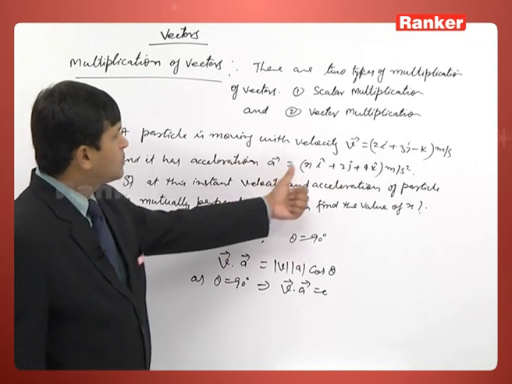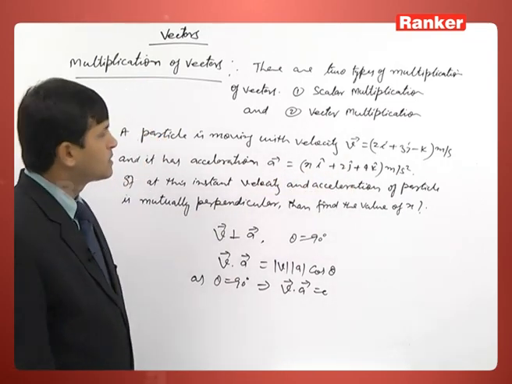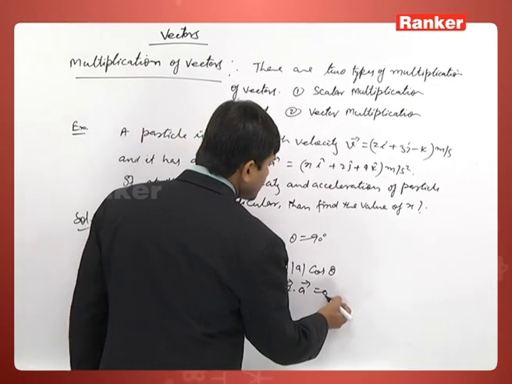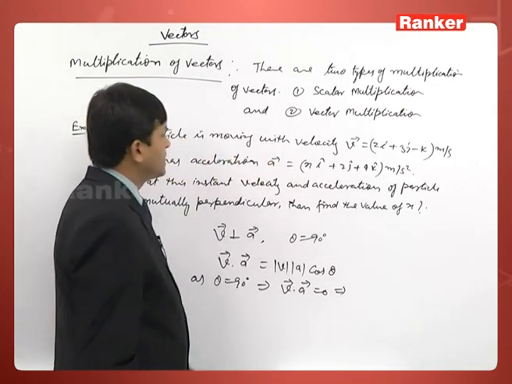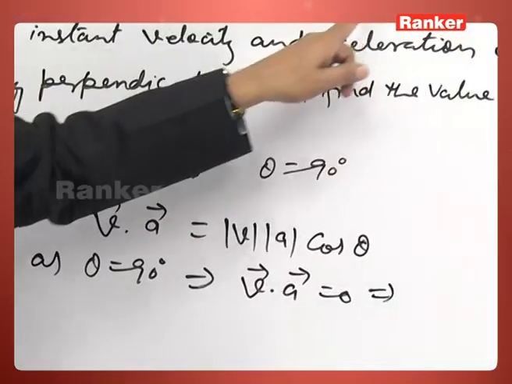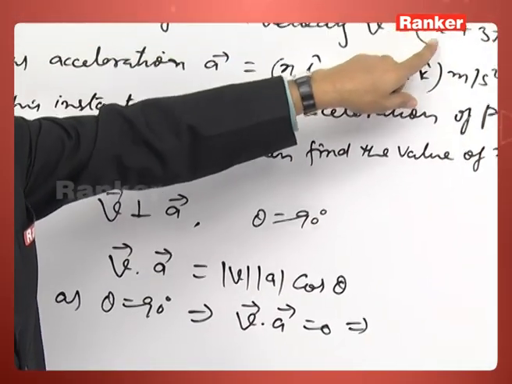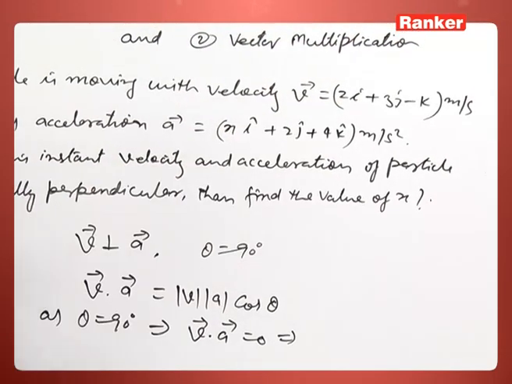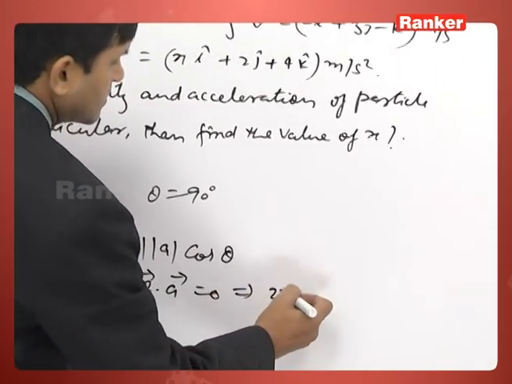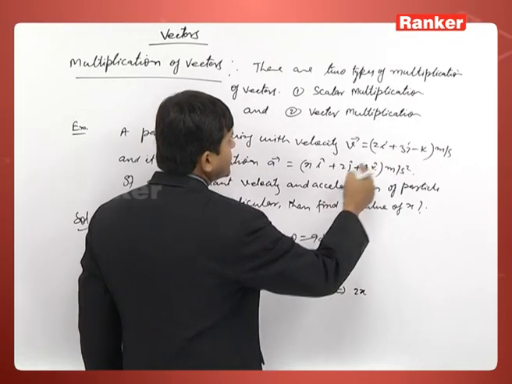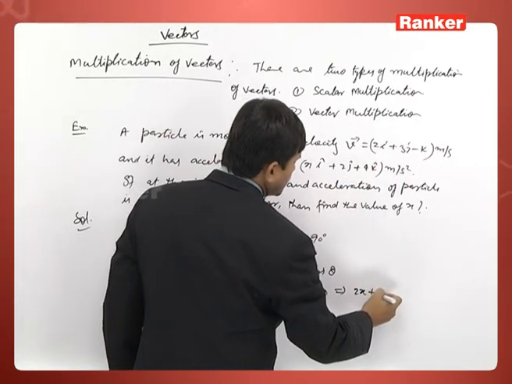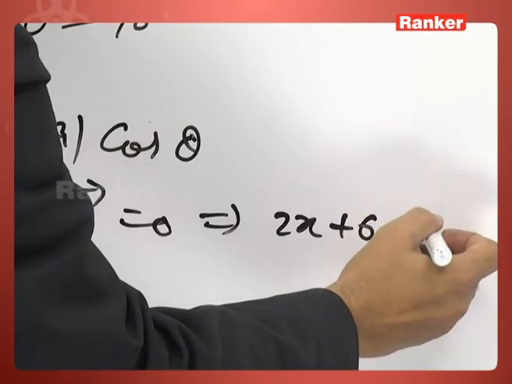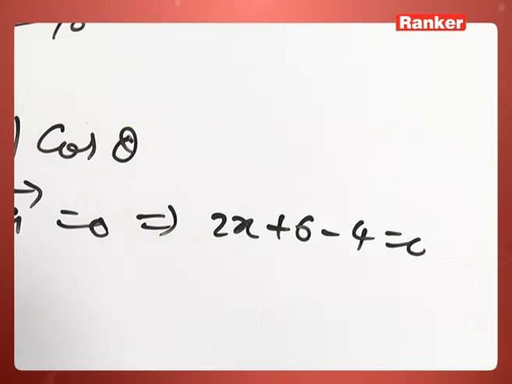So, what we will do? We will do the dot product of velocity and acceleration and make it equal to 0. V dot A means the same coefficients we will multiply: I and I, 2x; then j and j, 3 and 2, 6; and then k, 4 and minus k, minus 4, which is 0 here.